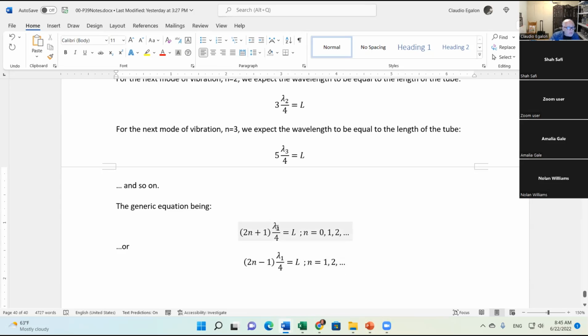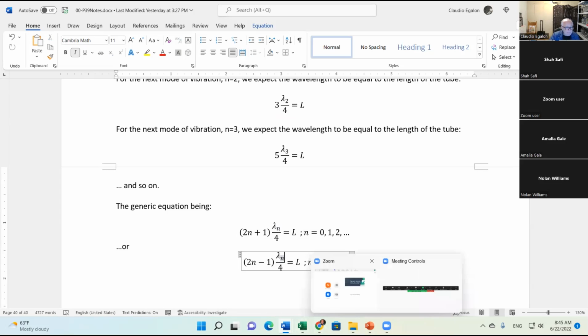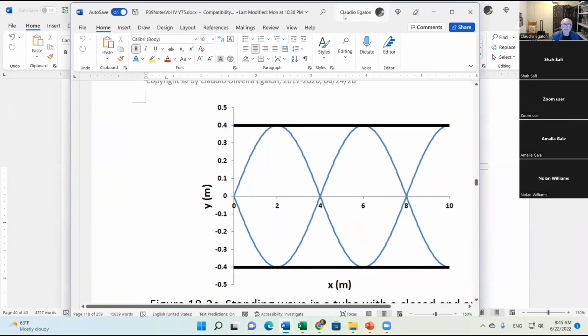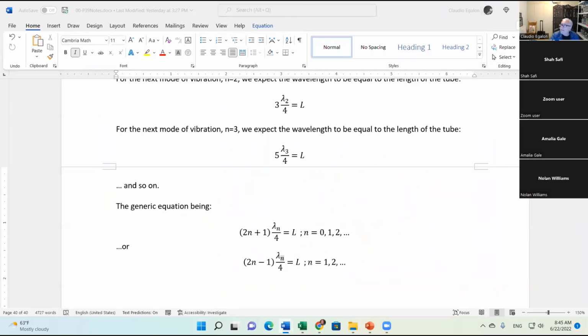Oh, let's not forget to put this subscript n right in here. It's nice about this type of theory because it's very simple, right? Let's use this one here, so you start at n equal to 1.